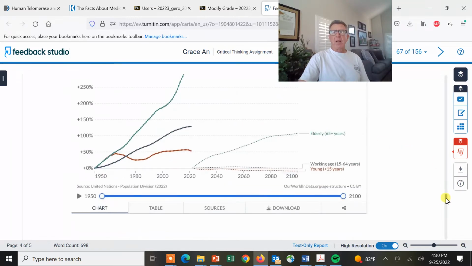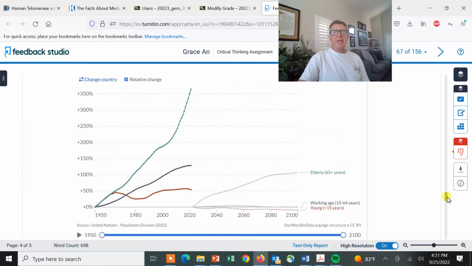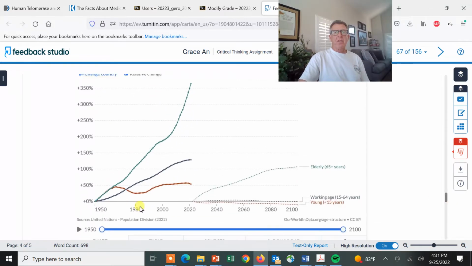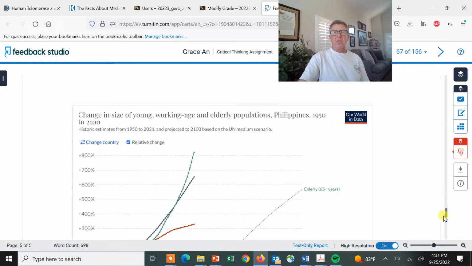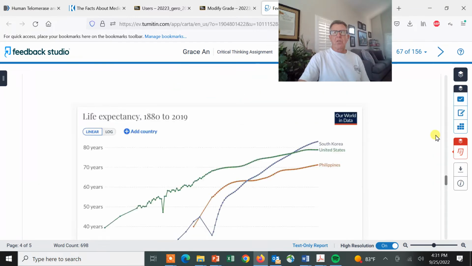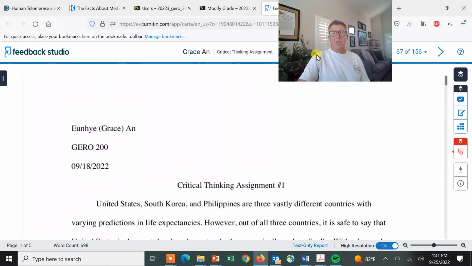We see that over here: younger is less than 15 years of age, older is over 65 years of age. She did a good job of looking at the current situation and the projections. And there it is. So she got 1, 2, and 3. She did everything she was supposed to do, and so she got her 10.